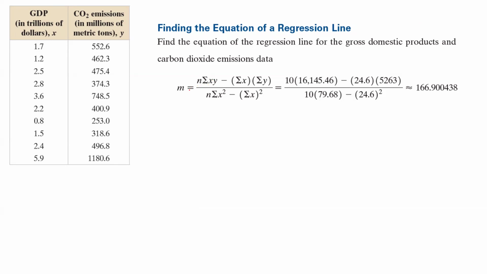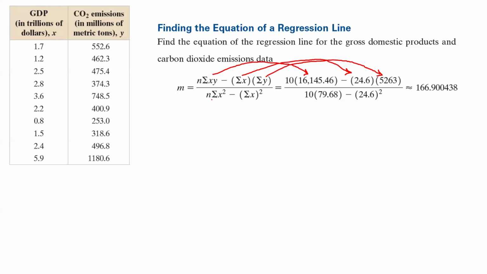Punch all of those into this formula. n is 10. You already calculated the summation of x times y, which is equal to 16,145.46. The summation of x values is 24.6. The summation of y values is 5,263.